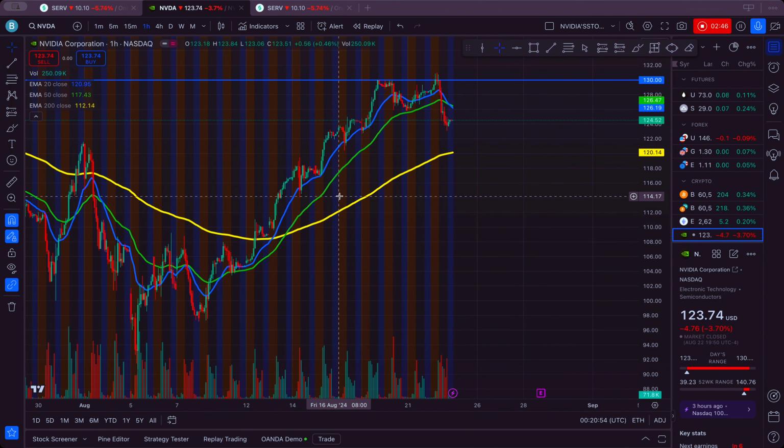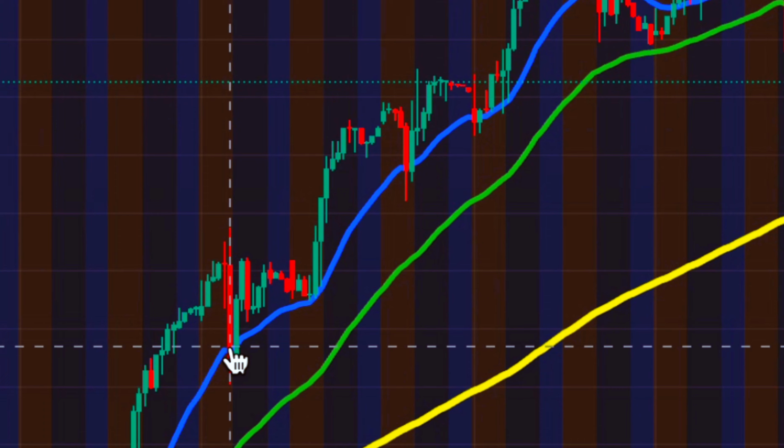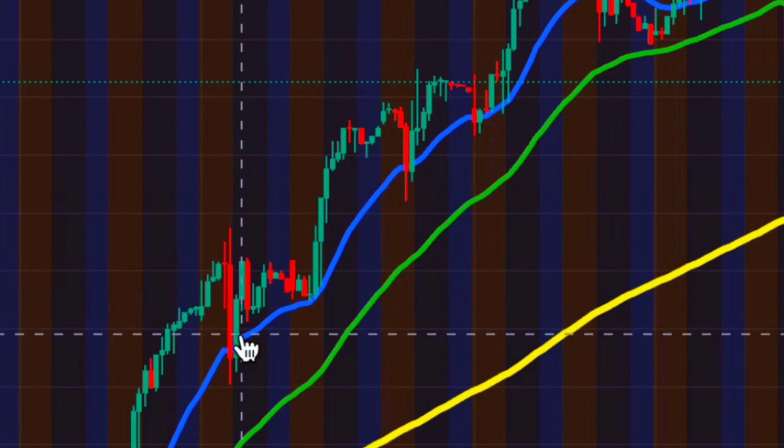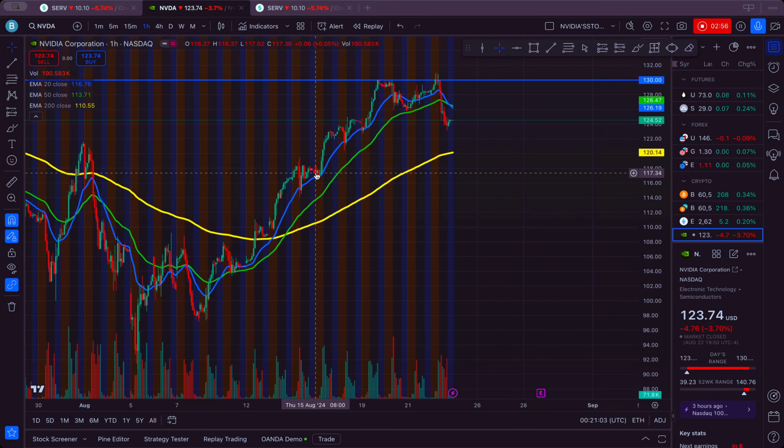This chart is composed of various candles, each of them has an opening price, closing price, and the higher price and the lower price. So EMAs place more weight on recent price data, making them more responsive to price changes.